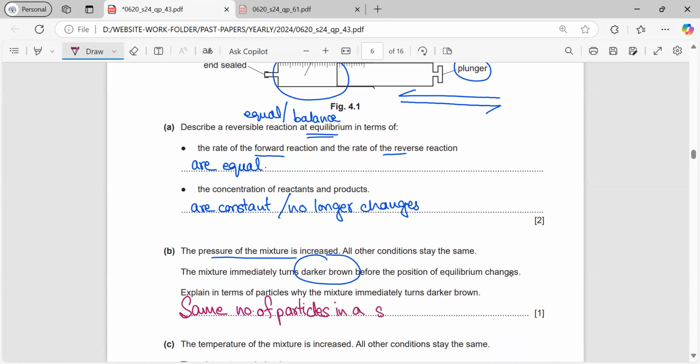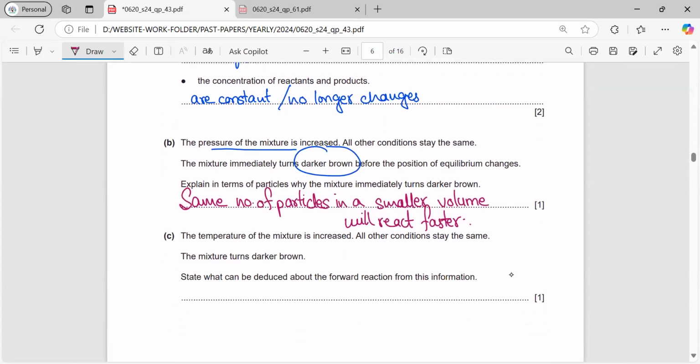The same number of particles in a smaller volume will react faster. And that is why the mixture turns dark brown.